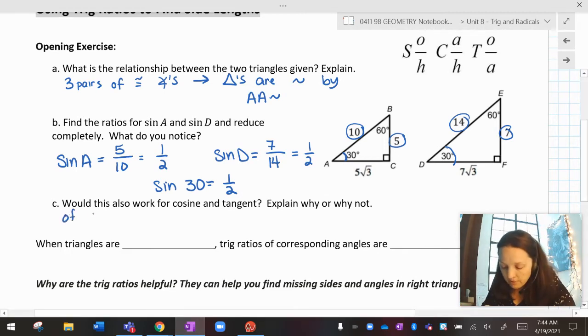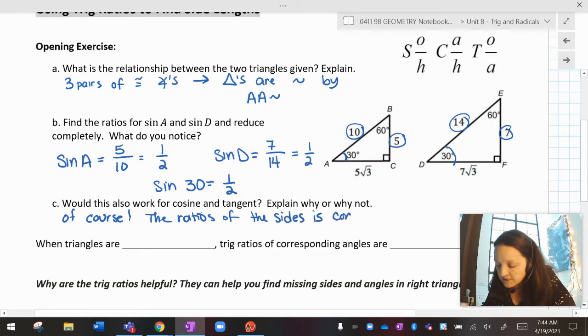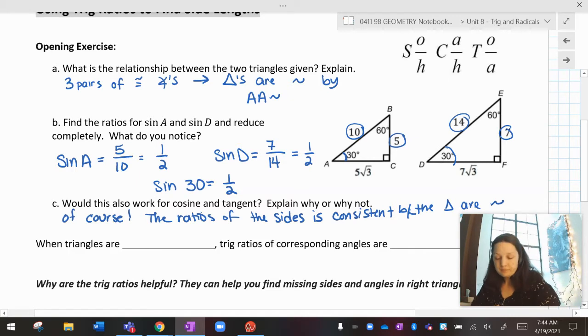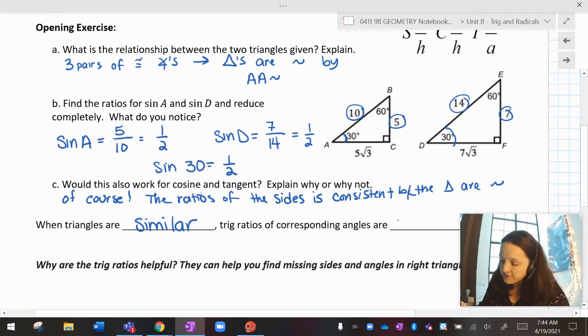Of course, the ratios of the sides are consistent because the triangles are similar. So when triangles are similar, trig ratios of corresponding sides are equal.